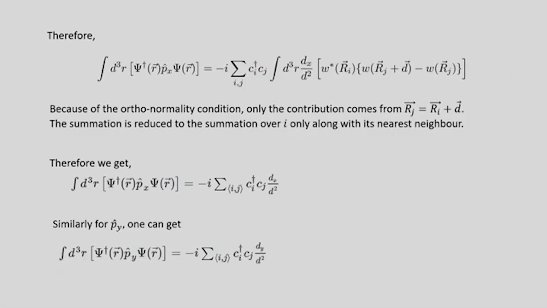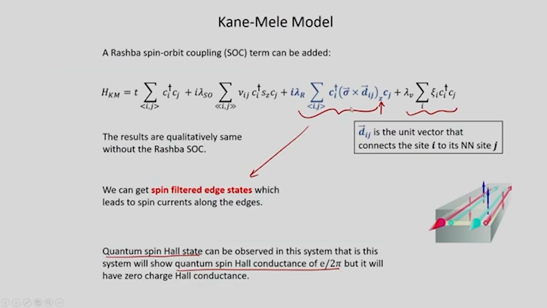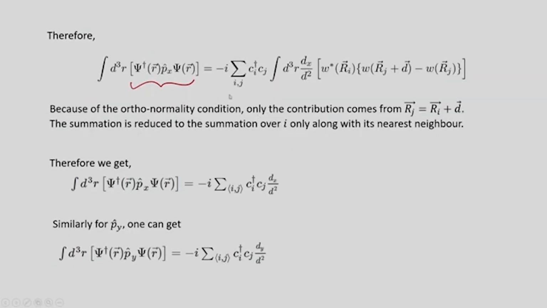We are ultimately interested in a quantity like psi dagger p_x psi, because that would be there in this kind of a term. So we are trying to get that here. Ultimately this will be related to the form that we just got, and if you look at it carefully, it is pretty easy.